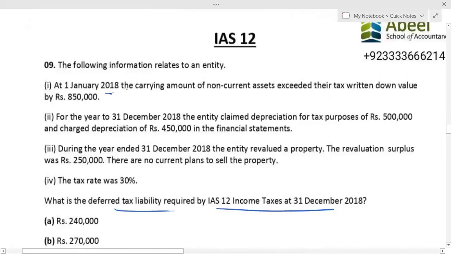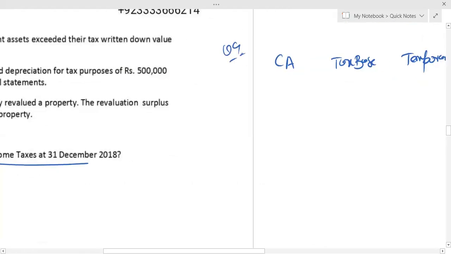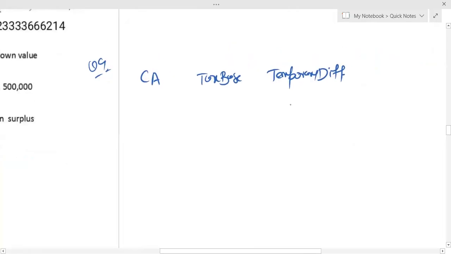At 1st January 18, the carrying amount of non-current assets exceeded their tax base by 850. Carrying amount of non-current assets is more than the tax base. So can I say this 850 is a taxable temporary difference?